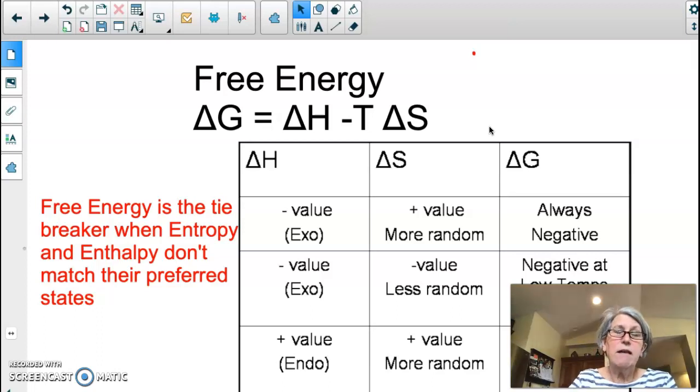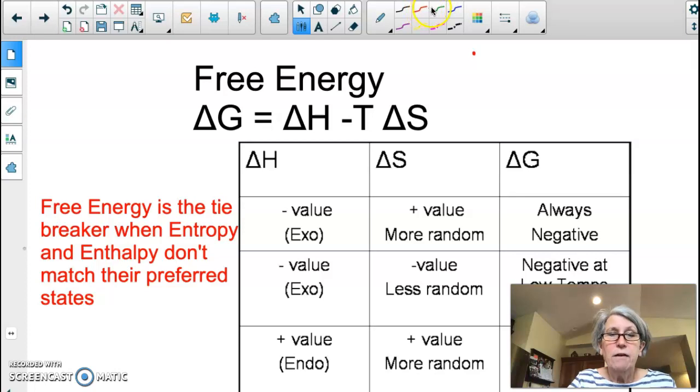The first thing I want to talk about is the idea of the two natural states, where nature prefers them. If we look at something like this right here, the delta H being negative means it's exothermic, and we know that most reactions prefer an exothermic value, so that will happen on its own.